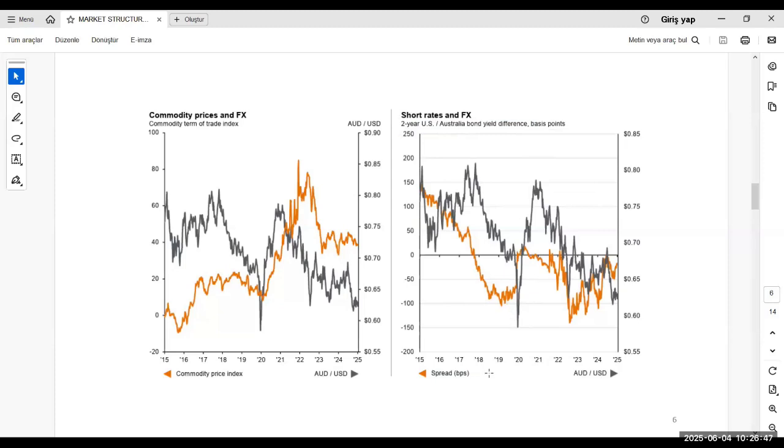If the short term also moves in the positive direction for the Australian 10-year or 2-year treasury yield, the Australian dollar gets strength against the United States dollar. The same story, short term or long term yield. If your interest rate is increasing, your domestic currency will appreciate. This is the basic story behind the screen.